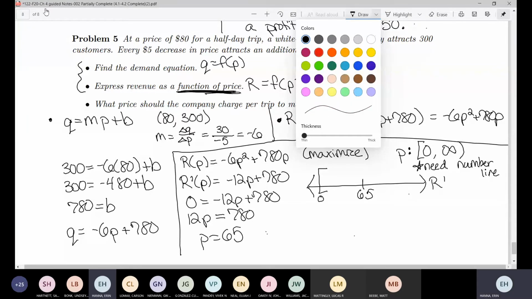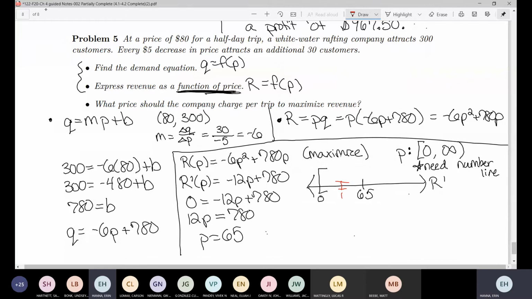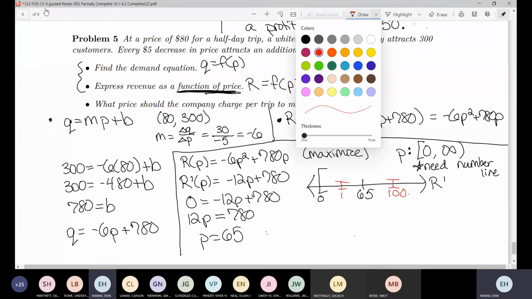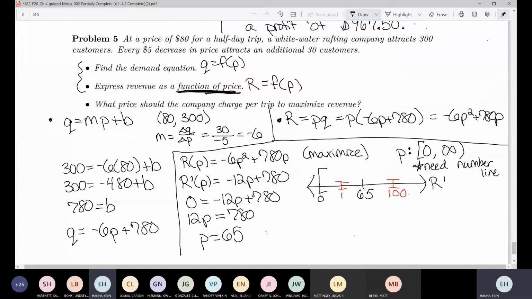But I need some test points. So I don't know, 1, and I'm going to pick 100 because why not? But remember, the test points don't matter. You can pick whatever numbers you want. And since we're working on a number line, remember it has to be plugged into the derivative. So we're plugging 1 into the derivative.